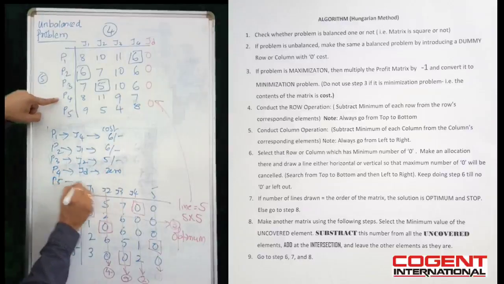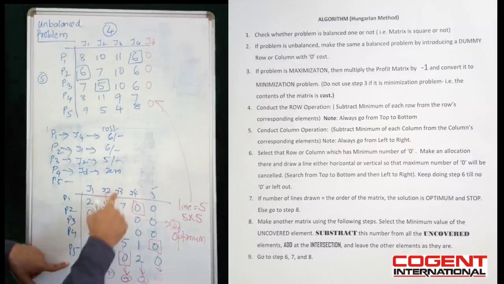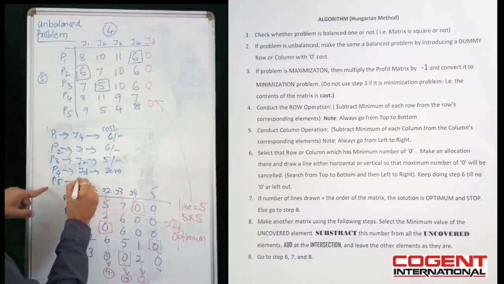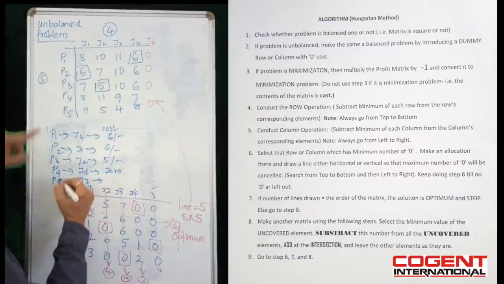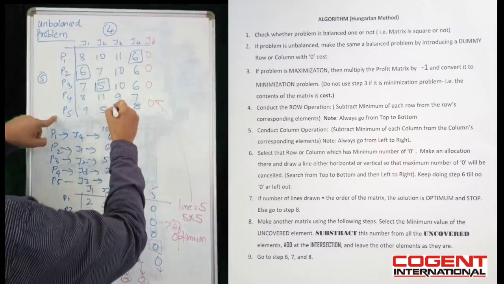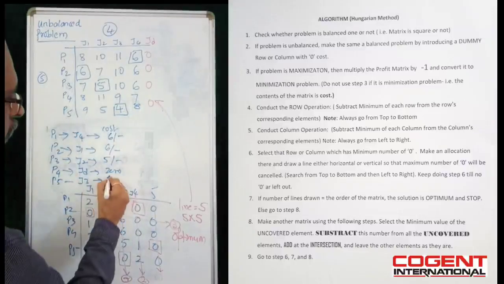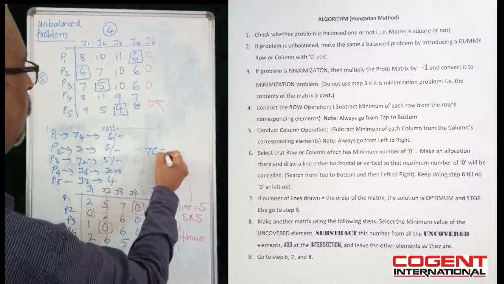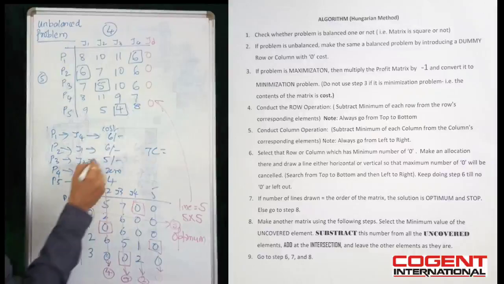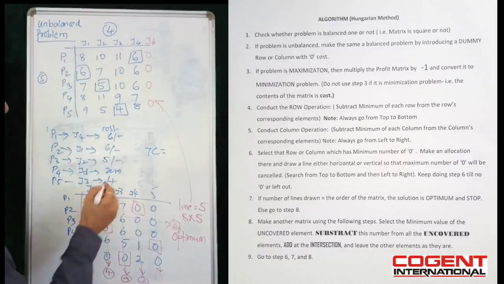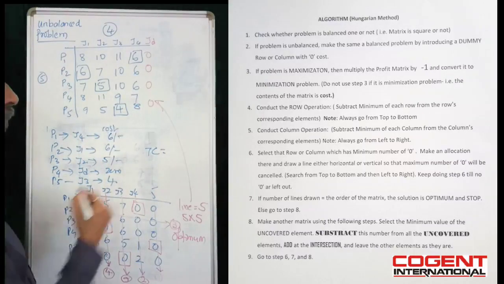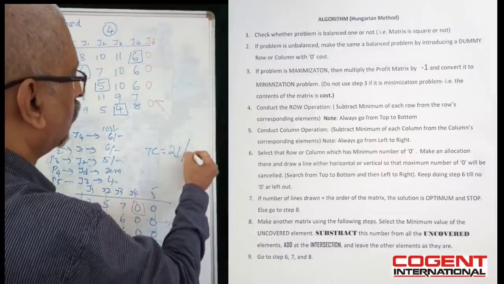And P5 will do job number J3 for 4 rupees. So what is the total cost? It is 6 plus 6, 12, 12 plus 5, 17, 17 plus 4, it is 21 rupees.